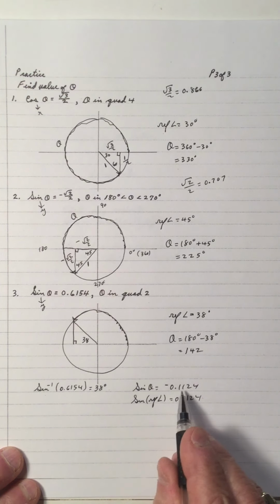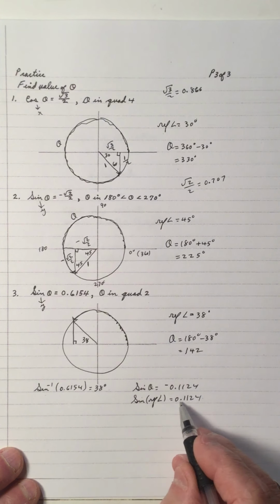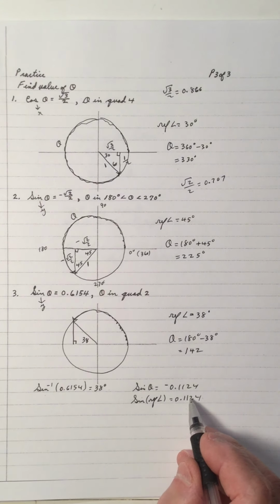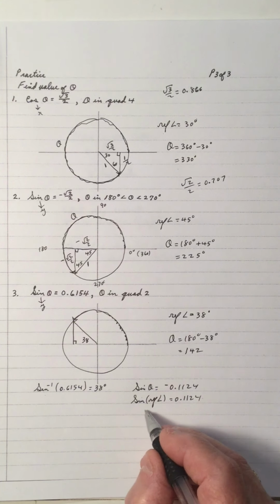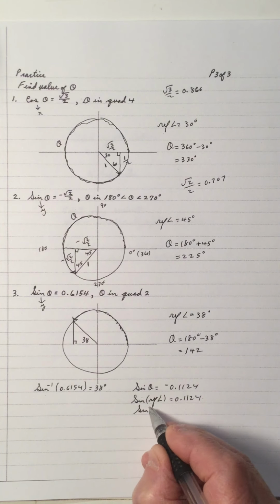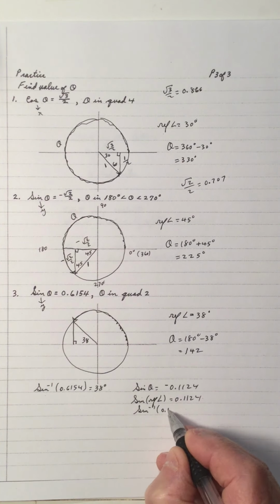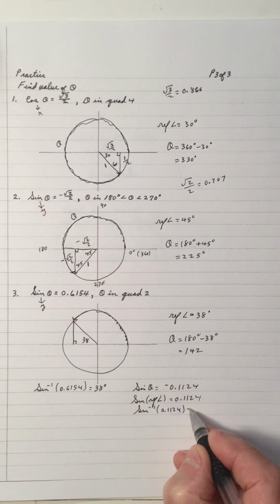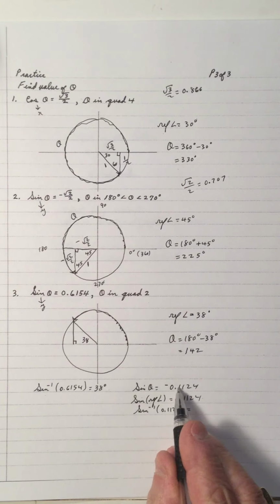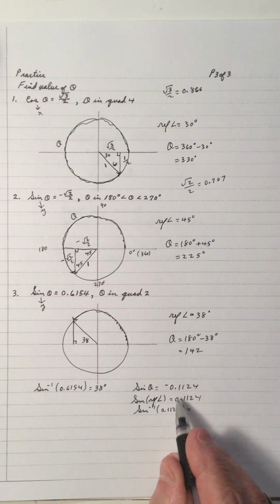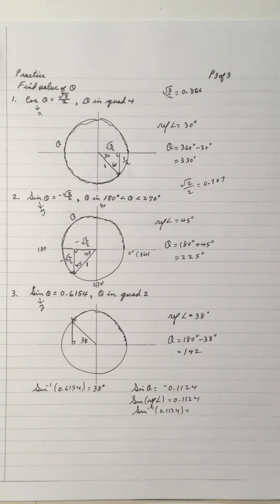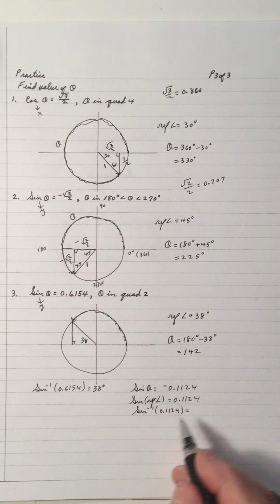If you use your calculator, it's best to make the decimal positive, and then you can pick up your reference angle by going sine -1, 0.1124. Because if you plug this in your calculator with the negative, the answer you get, you have to interpret, and there's more math to be done to explain why.